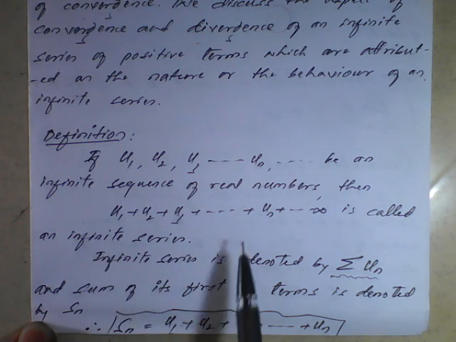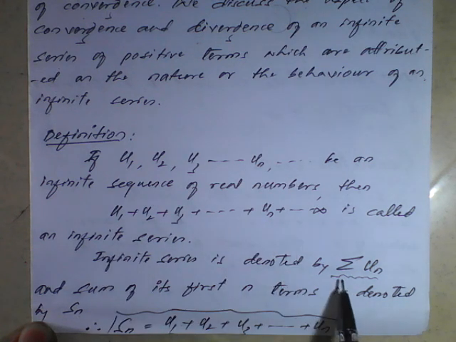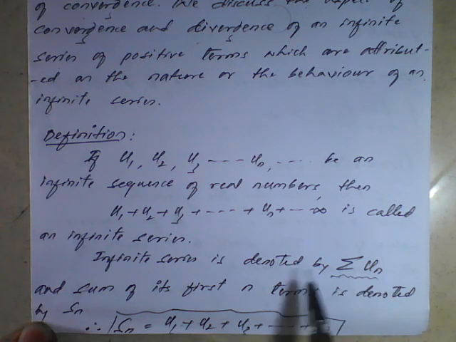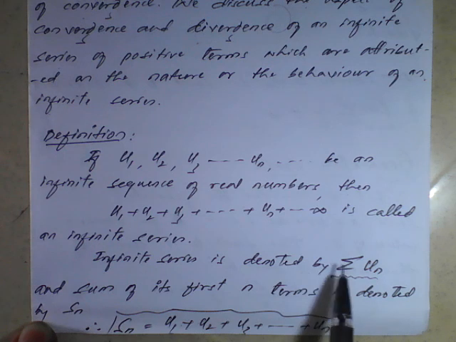The first n terms are denoted as Sn, and u1 to infinity is considered the infinite series. So these are the two notations, summation of un and Sn, and Sn is the sum of the first n terms of our infinite series. These are the two things we need to remember here.